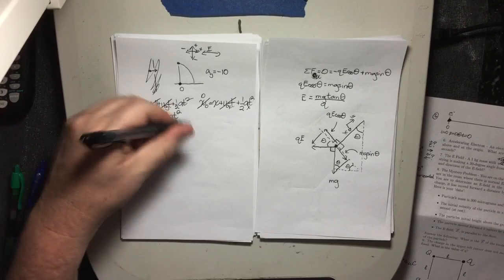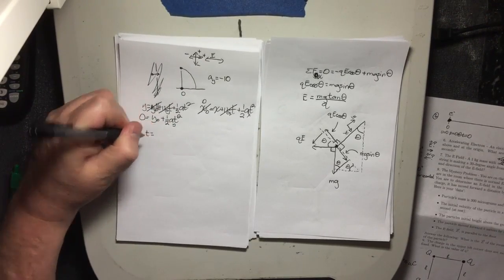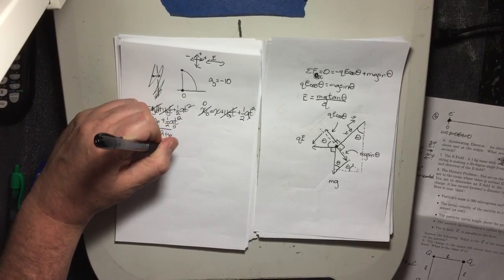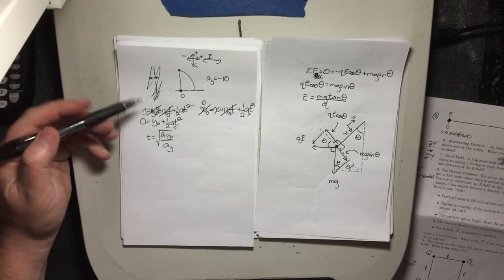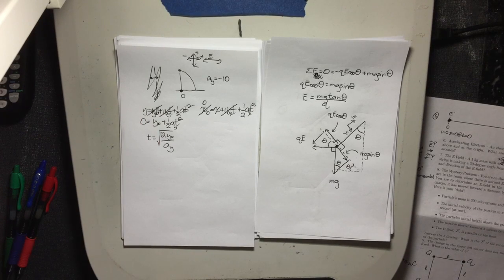From this, you reorder it so that t is equal to 2y naught over a y. Oh, and there's a negative sign. So look at the notes. I come up with the same equation, square root of negative 2y naught over a y. a y is negative 10, the negatives cancel, you get a time.